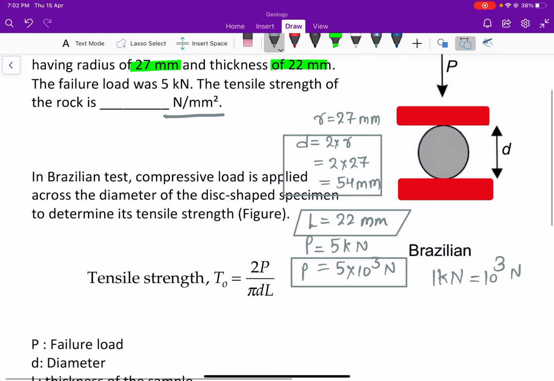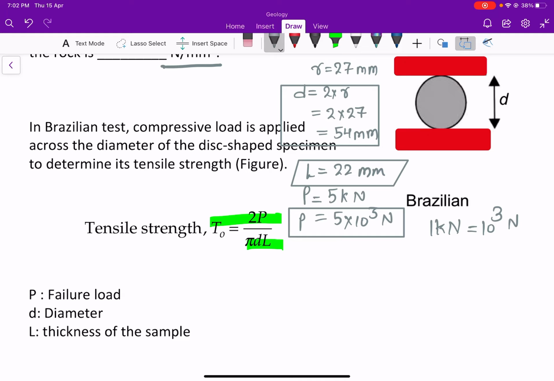The tensile strength is defined by the equation T naught equals 2P over pi DL, where D is the diameter of the sample, P is the failure load, and L is the thickness. So we have all the values. Tensile strength T naught will be equal to 2 into P, P is 5 into 10 to the power 3, divided by pi DL.